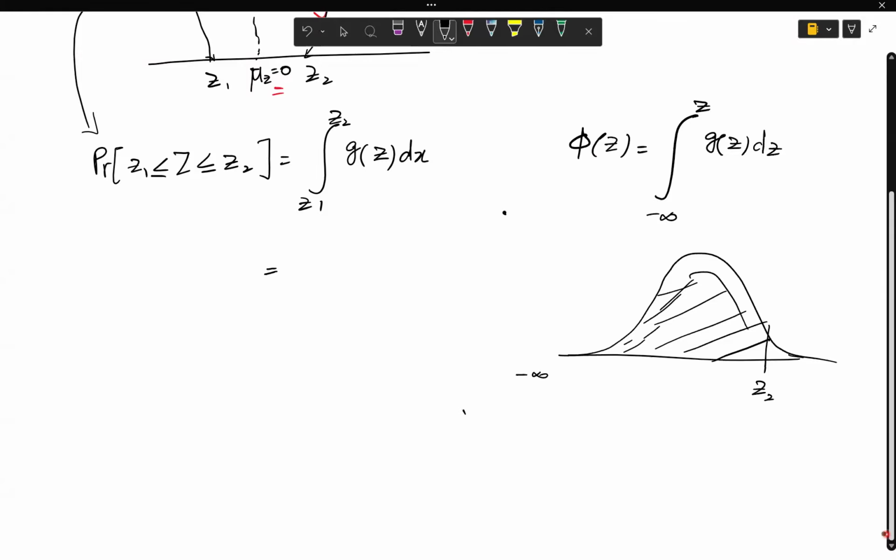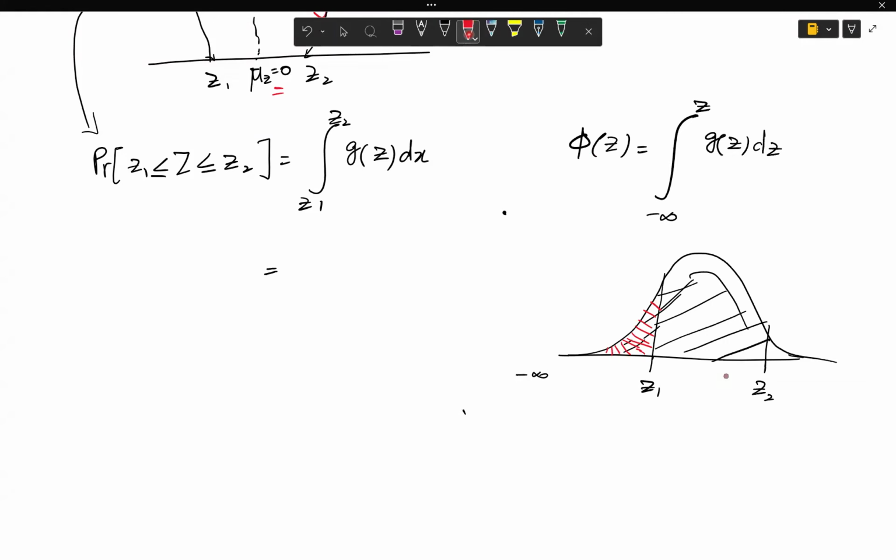And then z1 is going to be the area which I have now marked with the red lines.